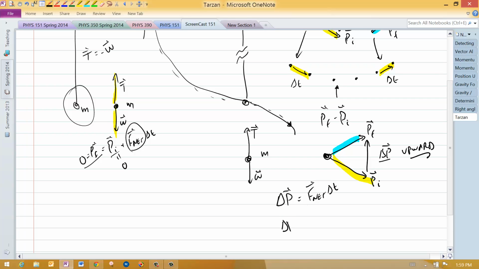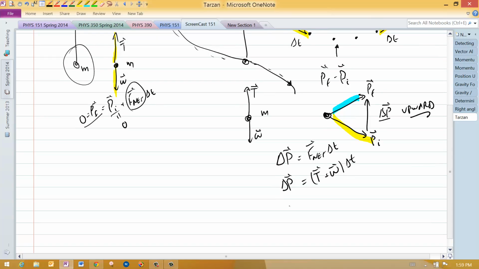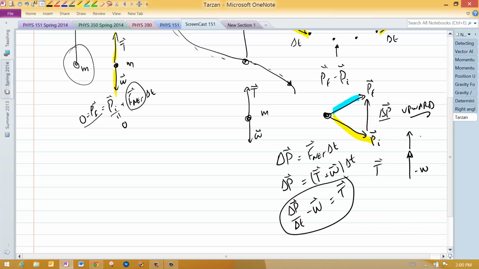The change in the momentum is this upwards vector, so I'll just give this a name. I have delta p is equal to the net force, the tension plus the weight, times delta t. So I can divide by the delta t, I get delta p divided by delta t minus the weight is equal to the tension. So now the tension minus the weight looks like so, but I have to add to it delta p divided by delta t.